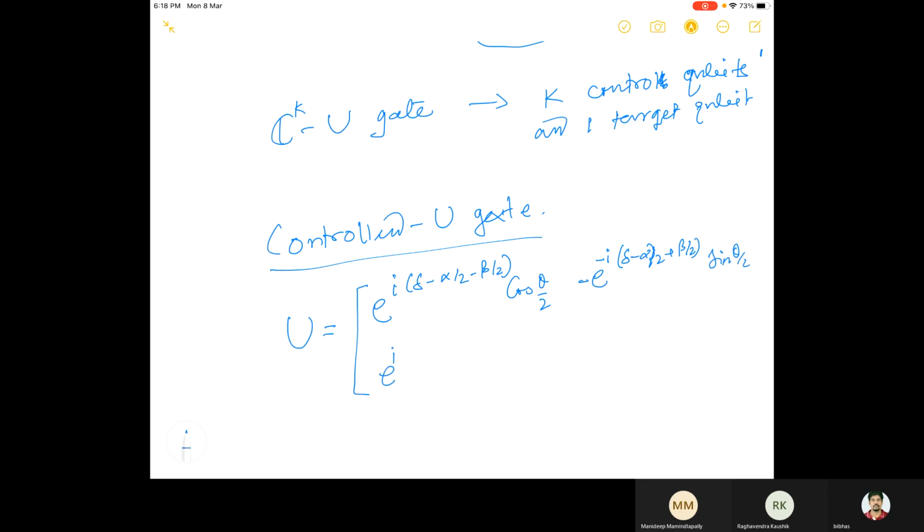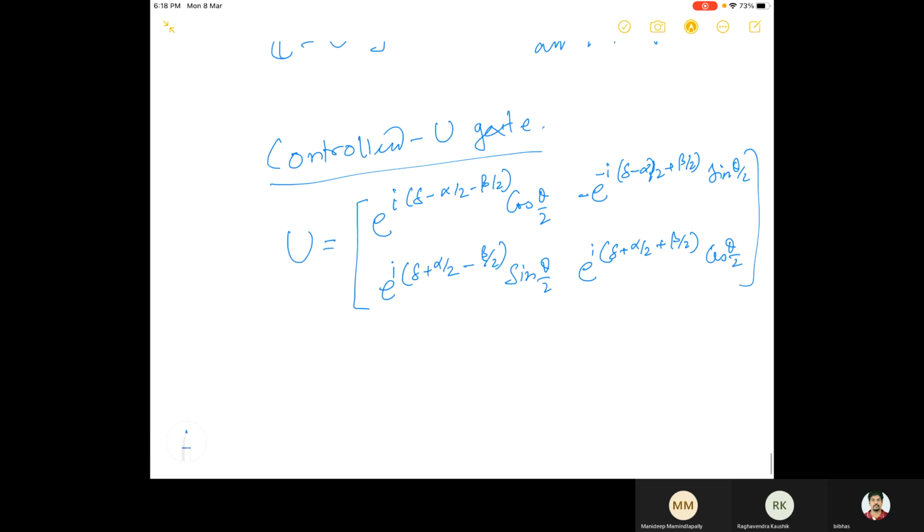Here it is e to the power i(delta plus alpha by 2 minus beta by 2) sine theta by 2, and e to the power i(delta plus alpha by 2 plus beta by 2) cos theta by 2. There are 4 parameters, delta, alpha, beta, theta, all real numbers.